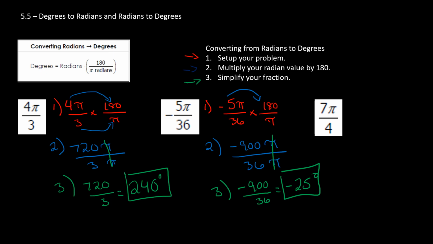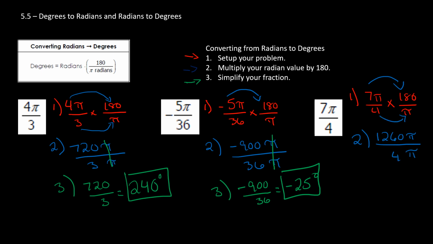And our last problem for the day today, we've got 7 pi over 4, we're going to convert that to degrees. So step 1, we're going to go ahead and set up the problem at 7 pi over 4. We're going to multiply that by 180 over pi. Step 2, we're going to multiply this out with 7 times 180 is 1,260 pi divided by 4 pi.